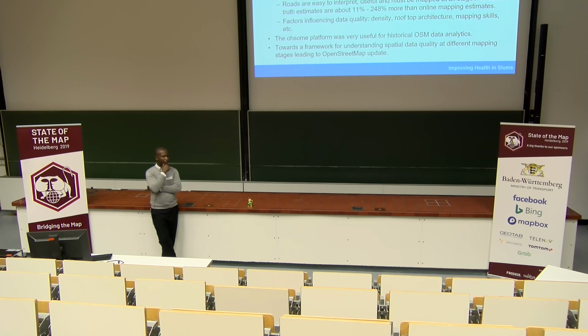Certainly there are some errors around that in terms of interpretation. For example, in Azambasti, because of the rooftop architecture there, it was almost impossible to identify the building footprint. One of the recommendations would be that in such a situation, you don't need to map the buildings at all.